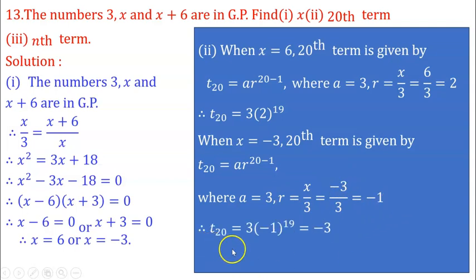Therefore, T20 equals 3 into (minus 1) raised to 19, that is minus 1 into 3, and therefore T20 equals minus 3. Okay. Hence, the 20th term is equal to 3 into 2 raised to 19 or minus 3. Okay.